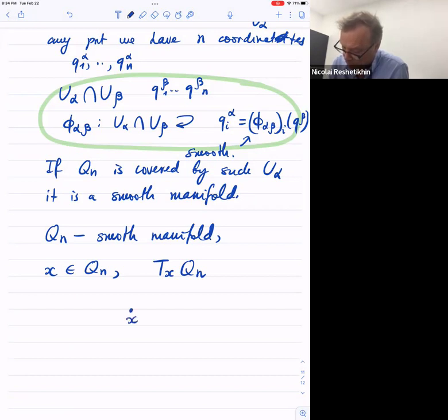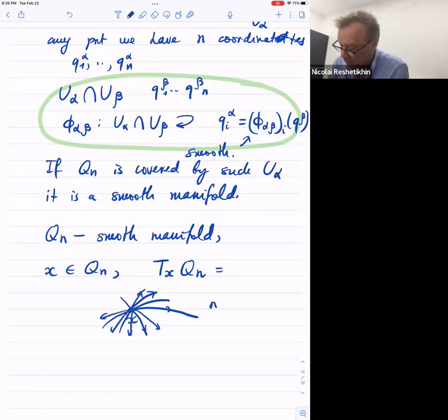Let's take the point and look at all possible paths through this point.